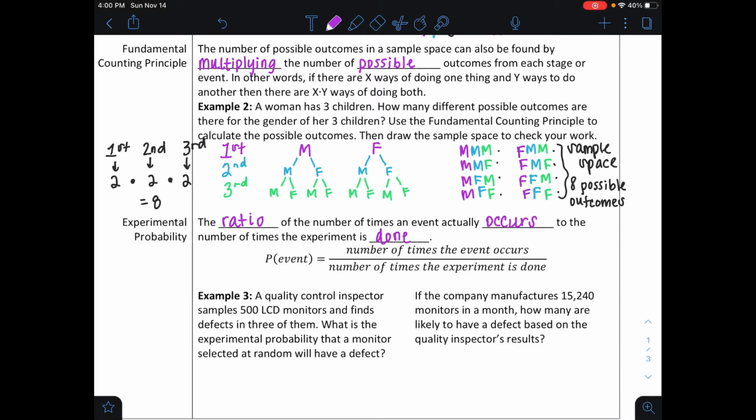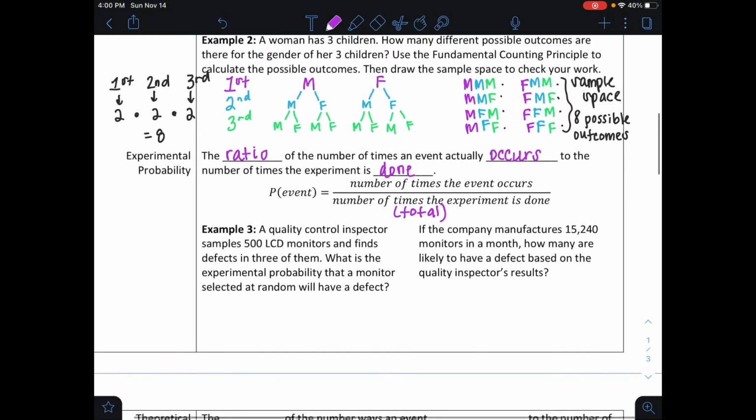Basically, how many times did the thing you're looking for happen versus the total number of things? So I'll just put total down here in parentheses. Total always goes at the bottom.